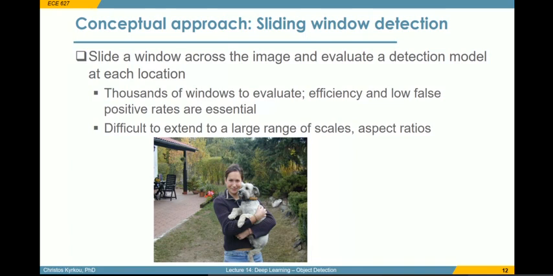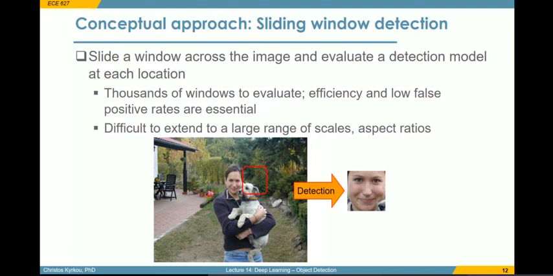We have a sliding window that we slide across the image, and we extract a crop out of these images, and we classify each crop using a classifier like a linear classifier or an SVM. This sliding window procedure generates thousands of possible candidates, which makes it really difficult to account for different ranges of scales and aspect ratios of objects. And it's also very time consuming.